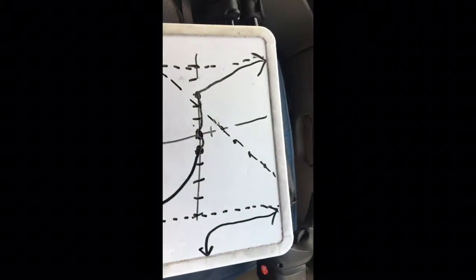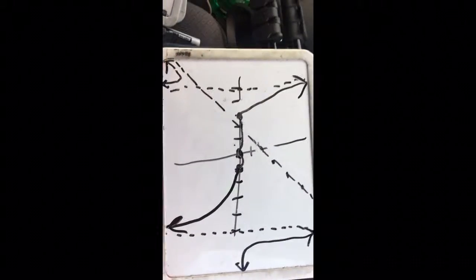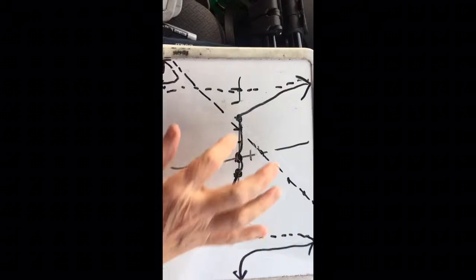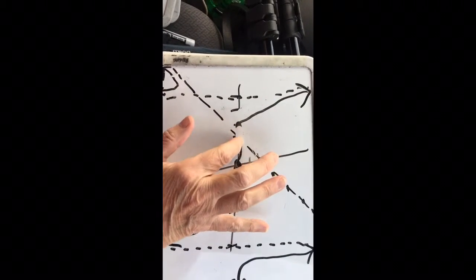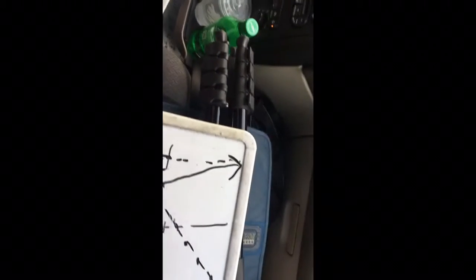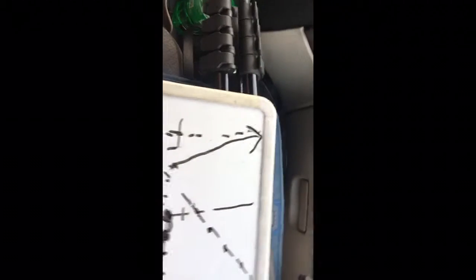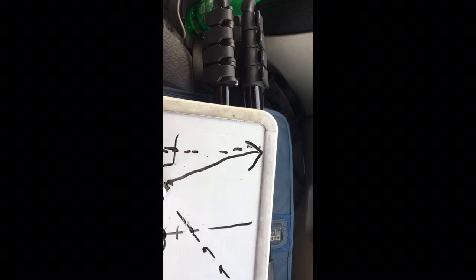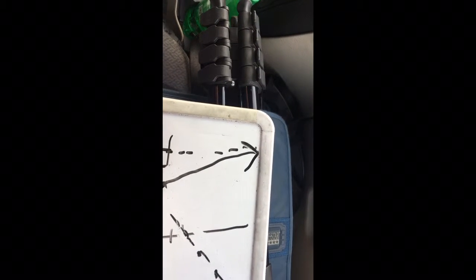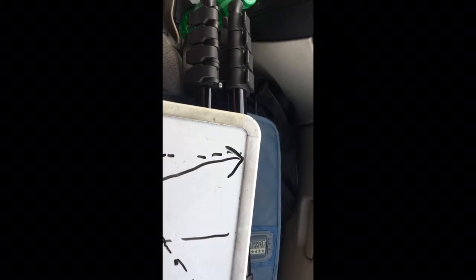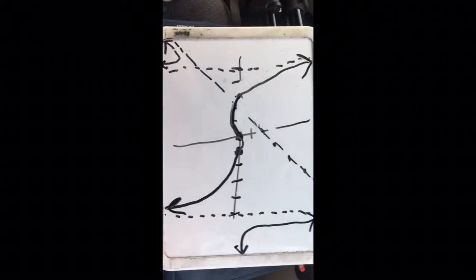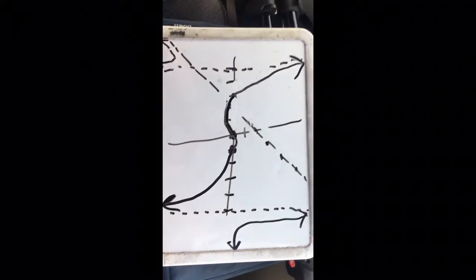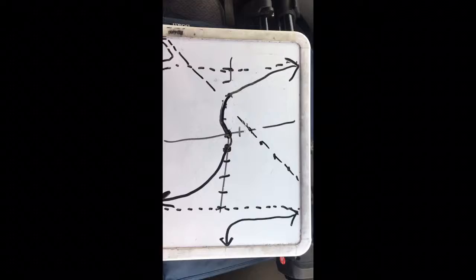I didn't even bother to calculate it. So, based on those points, I am now going to erase this part right here, and I'm going to count down just a little bit below. Okay, and now that should be an accurate graph.